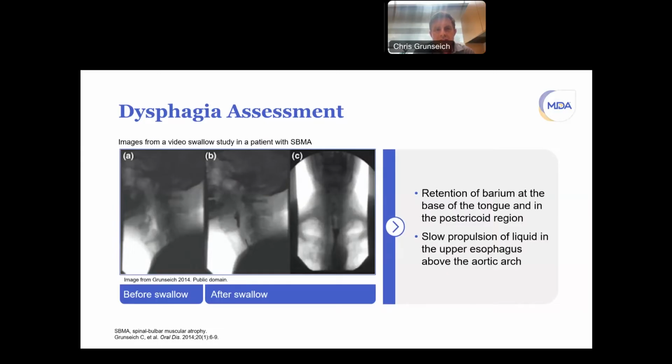To assess the predisposition for dysphagia, it may be useful to get a video swallow test, a videofluoroscopy. And this test is done with the patient swallowing contrast material. And what can be detected is retention of that contrast material at the back of the tongue in the postcricoid region. Also, during the video portion, there will be a slow movement of the contrast material down the esophagus.